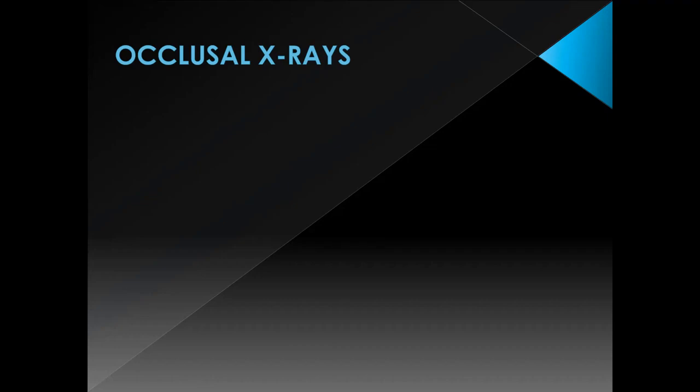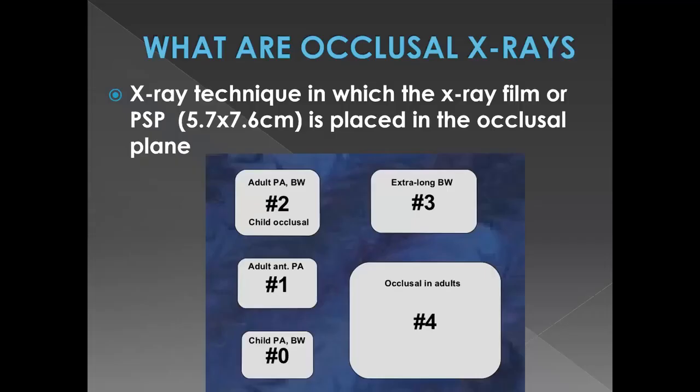All right, so coming to occlusal X-rays. Occlusal X-rays are an X-ray technique in which the X-ray film, or PSP, which stands for photostimulable phosphor plate, is used. I don't know if the participants in this course have taken the oral radiology course I did during the COVID pandemic.